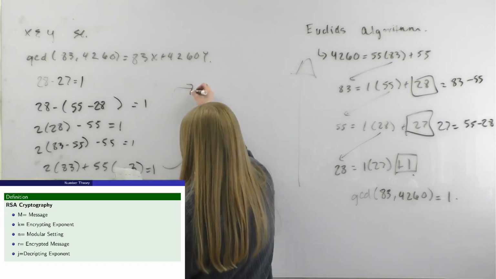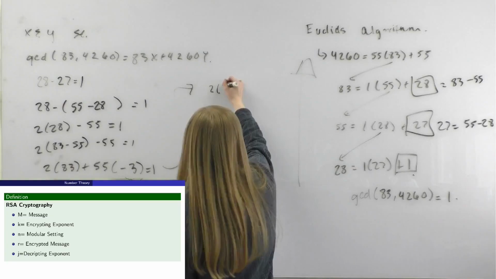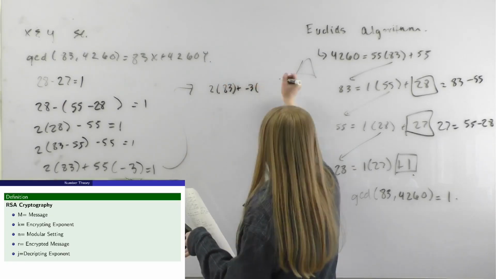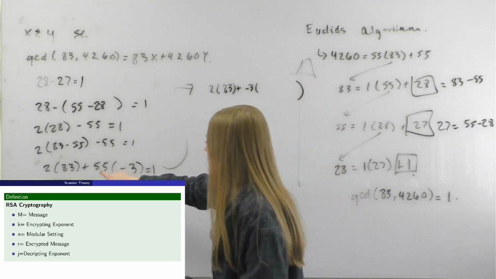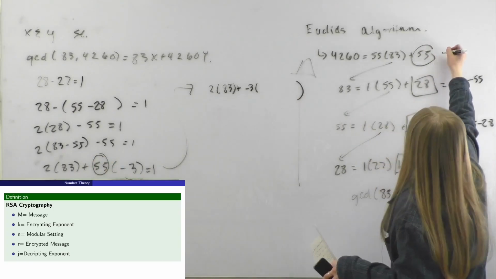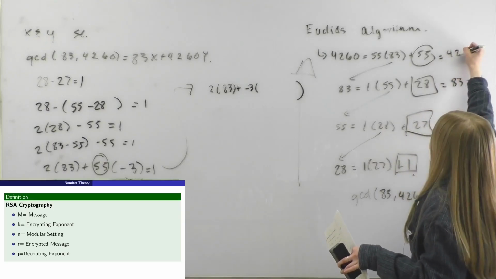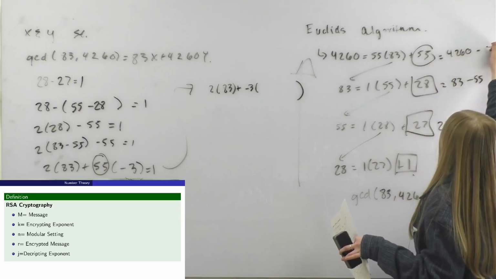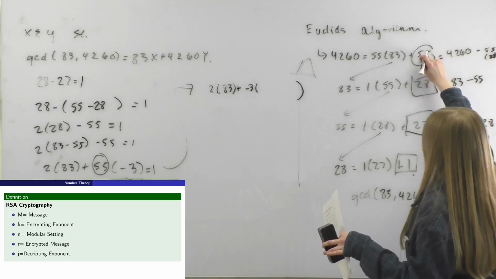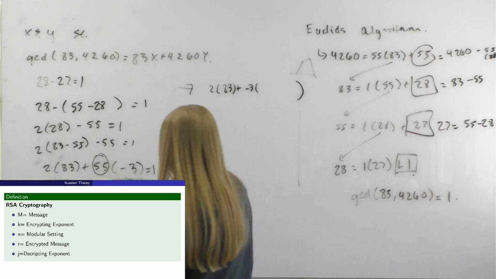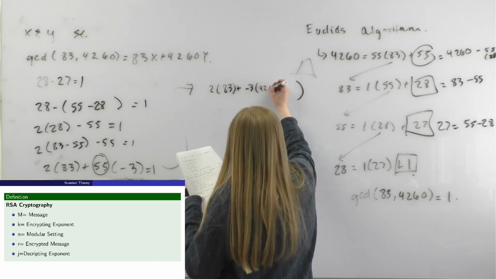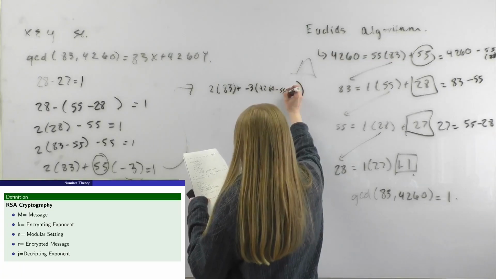And then we're going to take it up here and say that 2 times 83 plus negative 3 times, we have an equation for 55. It's just right here. So we have 4,260 minus 55 times 83 is 55. And we're going to plug it in right here. So 4,260 minus 55 times 83.